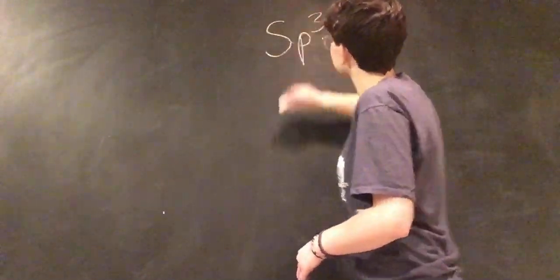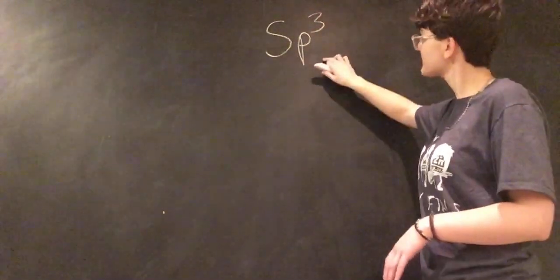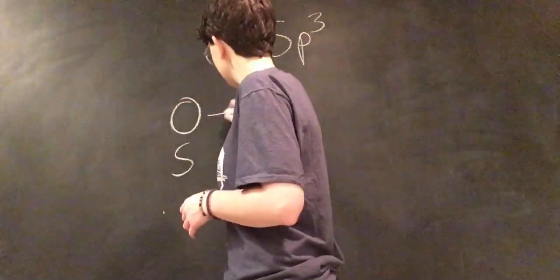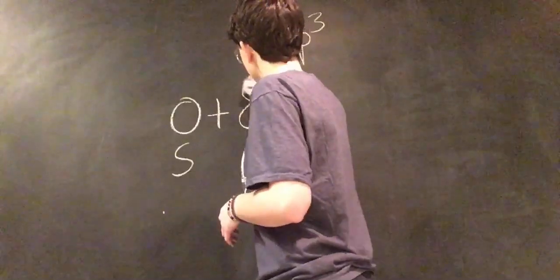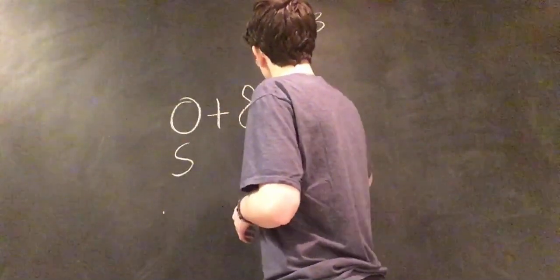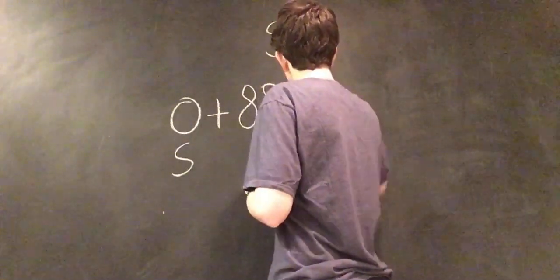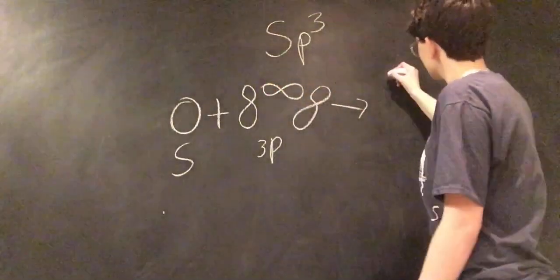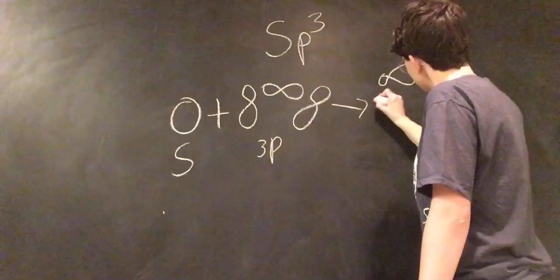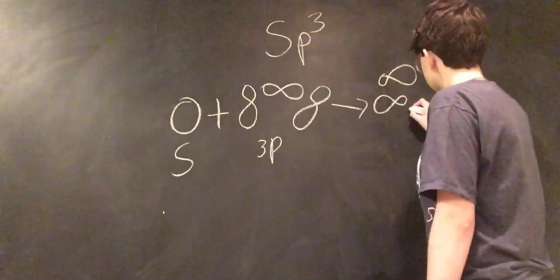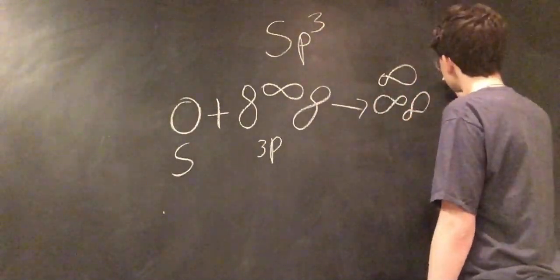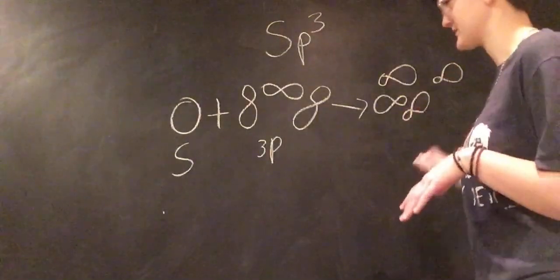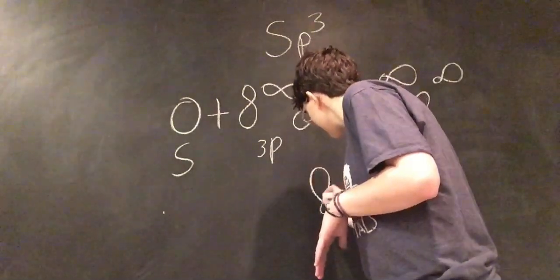sp3 orbitals are the hybridization between an s orbital and three p orbitals. That's what this looks like. On the molecular scale, they look like an s orbital plus 1, 2, and 3 p orbitals. And then after hybridization, we have our 4 sp3 orbitals. And then all together they kind of look like this. I'm going to draw this.